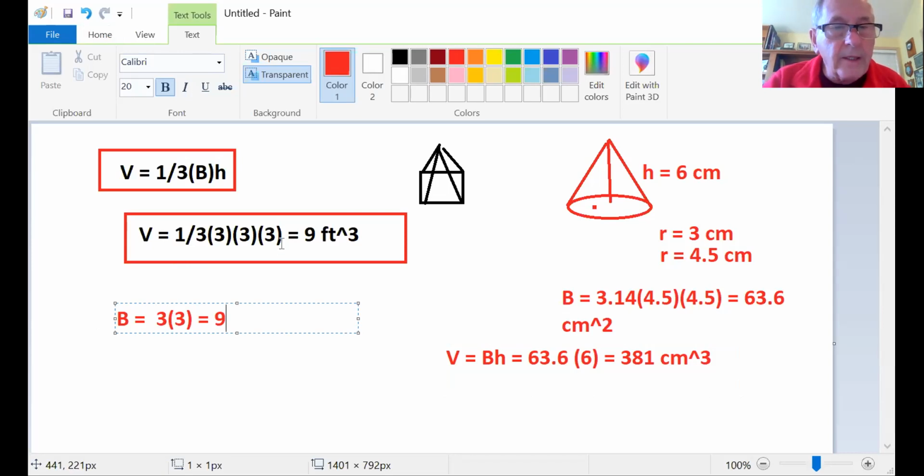The base would be 9 times 1/3 times 3, and you're still going to get 9 cubic feet. But in this new one, the cone, the base is 63.6 and the volume is 381. Okay, I think that's as much as we're doing as far as geometry goes today.